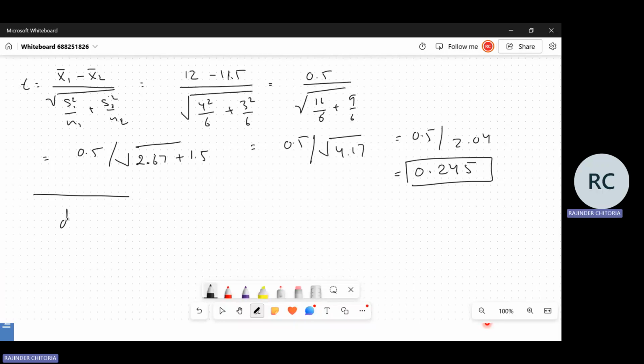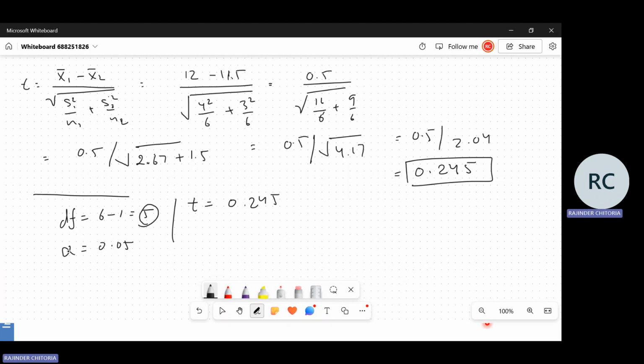And in significance, we need to validate the test case. The degree of freedom is n minus 1. In my case, n is 6, and 6 minus 1 is 5, so we have 5 degrees of freedom. The alpha we are taking is 0.05, and we have the t calculated value with us.